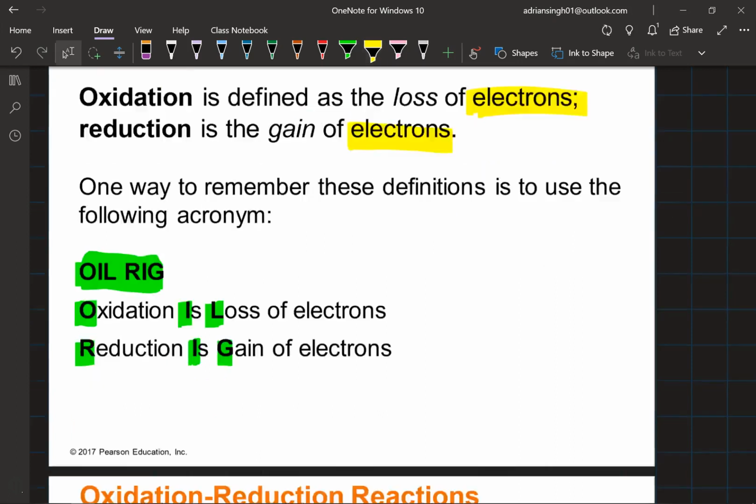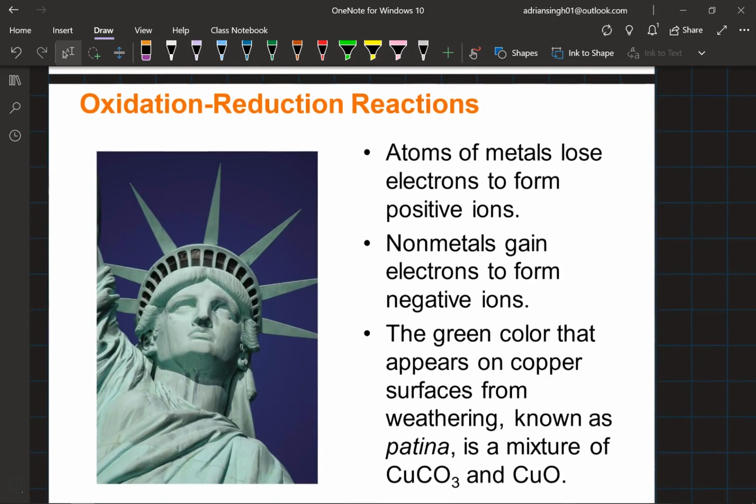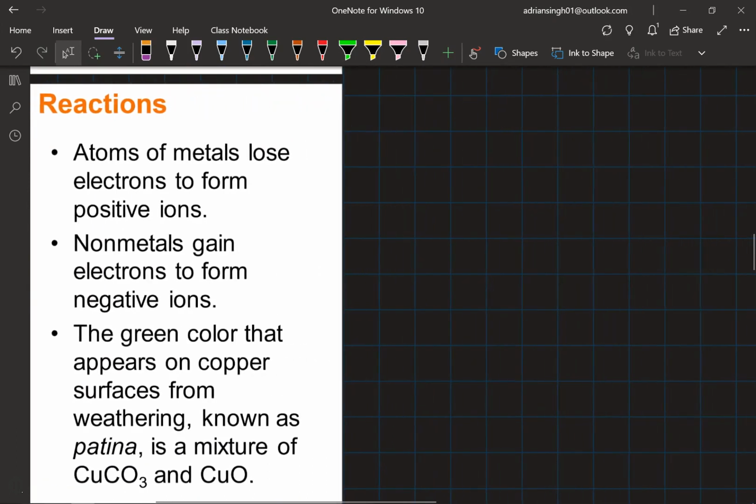So how does that affect what you actually see in a reaction? Well, when electrons are lost, you end up taking away a negative charge, so you're going to end up with something with an overall positive charge. Whereas if something is gaining electrons, you're adding negative charges to it, so they're going to form negative ions.